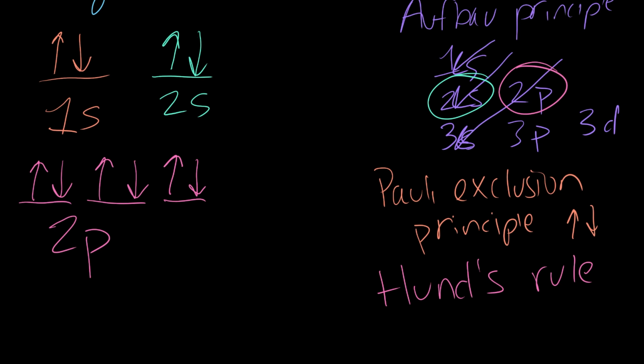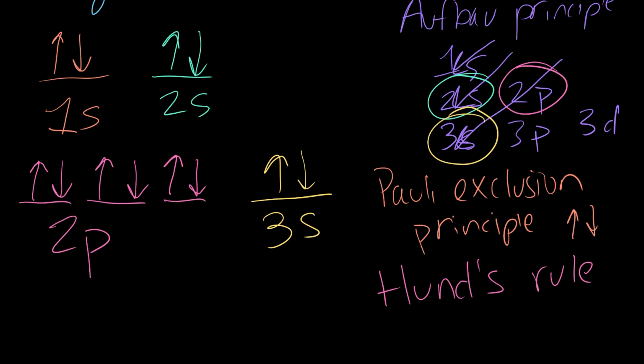Okay, so now we have 10 of the 12 electrons that complete the magnesium electron configuration. So what would our next subshell be? 3s, which has how many orbitals? 1. And within that orbital, we have 2 electrons. So now that we know the placement of our 12 electrons, we can write magnesium's electron configuration.